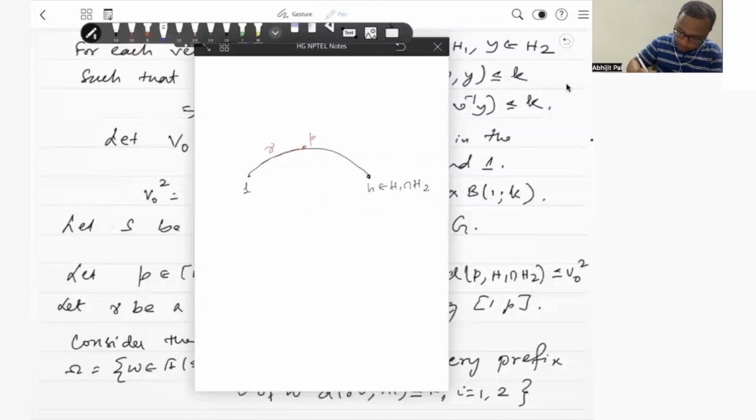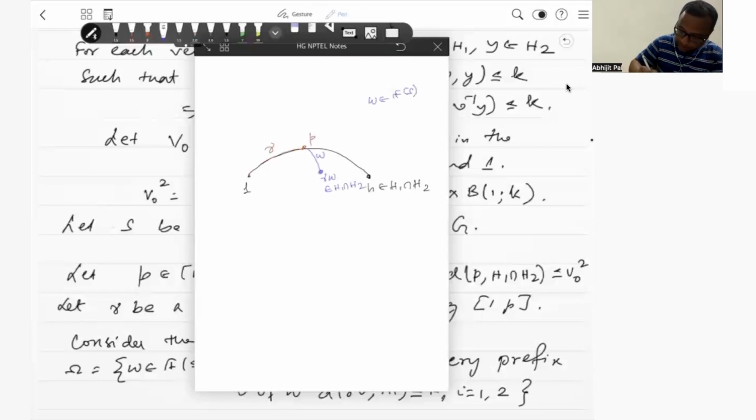So what is this set omega? You take all those words W in the free group generated by S, such that gamma followed by this W gives a vertex gamma W that lands inside H1 intersection H2.